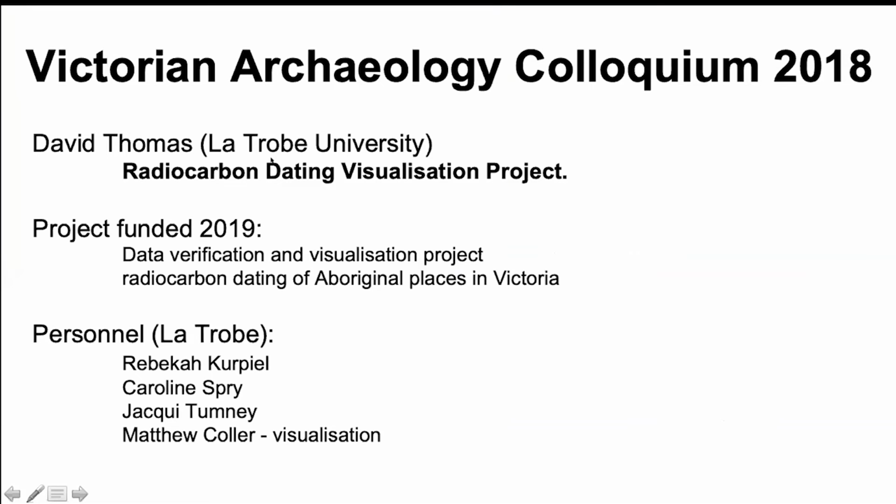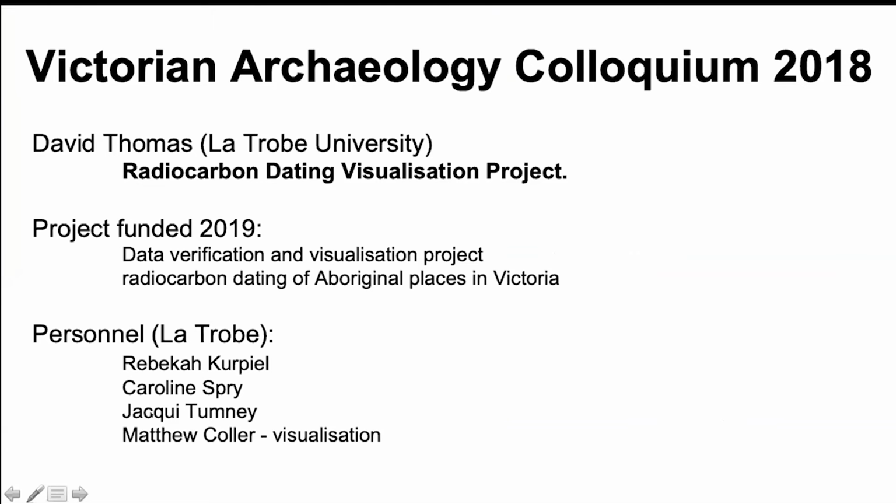Anyway, coming to something more important, which is the Victorian Archaeological Symposium in 2018, where David Thomas was presenting on the radiocarbon dating visualization project, and I pricked up my ears. That's been funded as of last year.